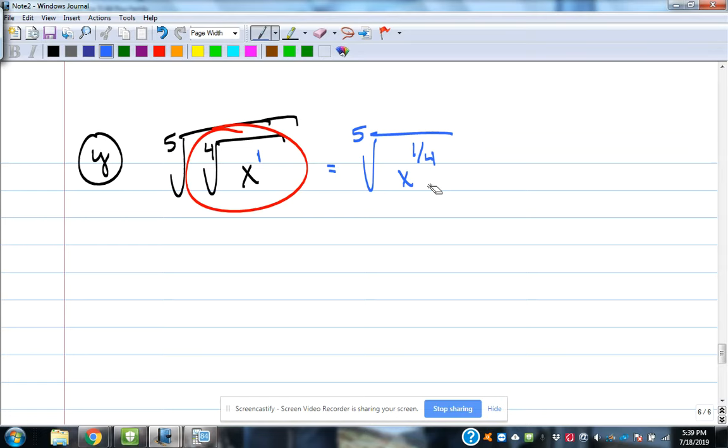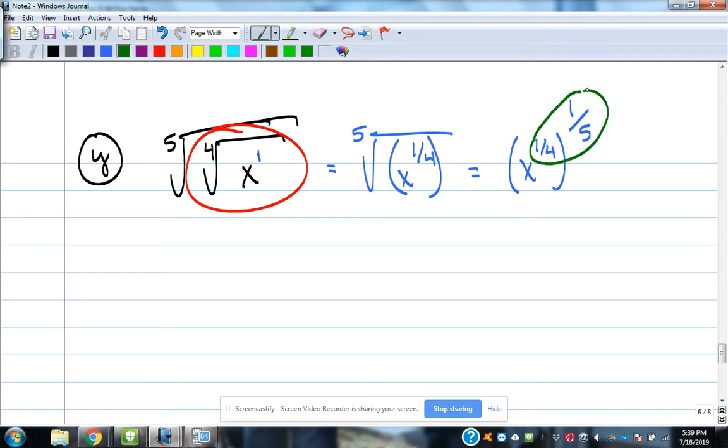Then we can convert that into a rational exponent, because whatever's in here is going to be raised to what power? x to the 1/4 will then be raised to the 1/5 power, because a fifth root is the same as a 1/5 power.